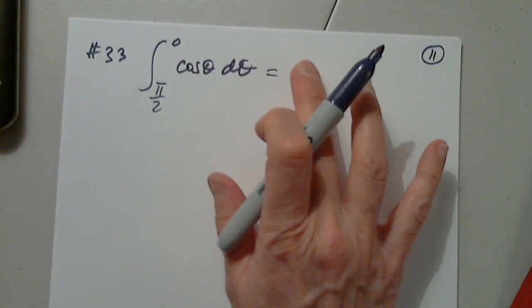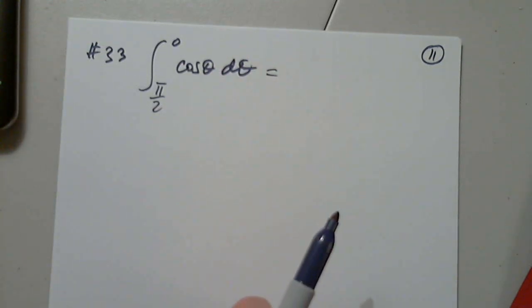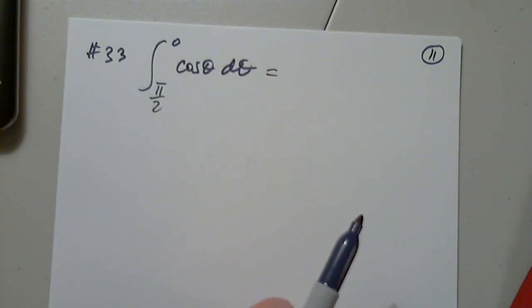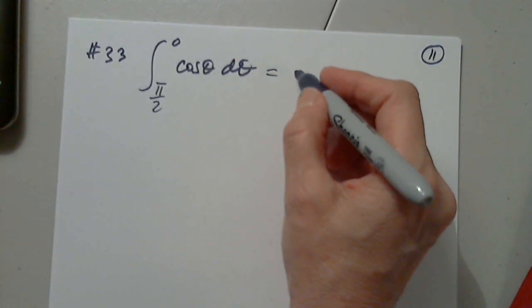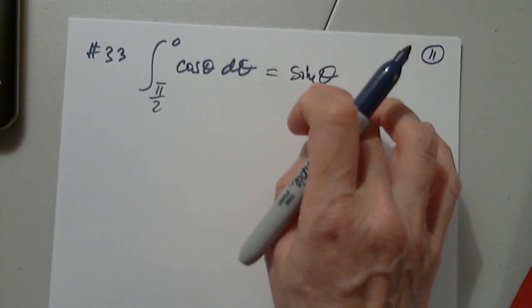Which function do I differentiate to get cosine? I know everyone knows which function we differentiate to get cosine. I have no doubt. It's just sine. Sine prime is cosine.